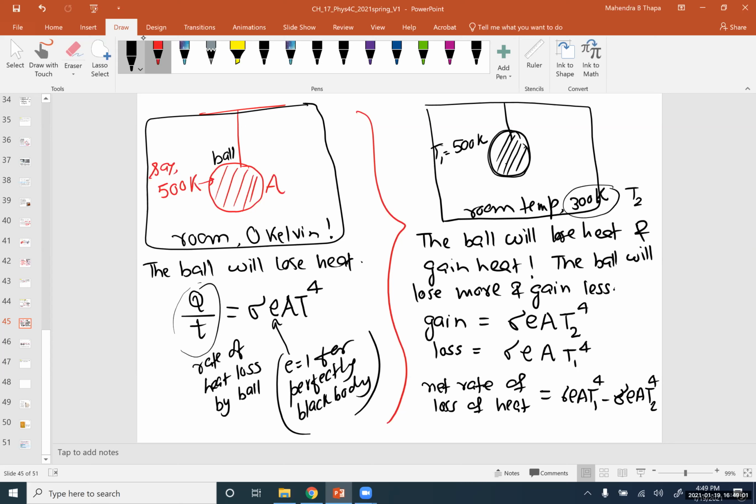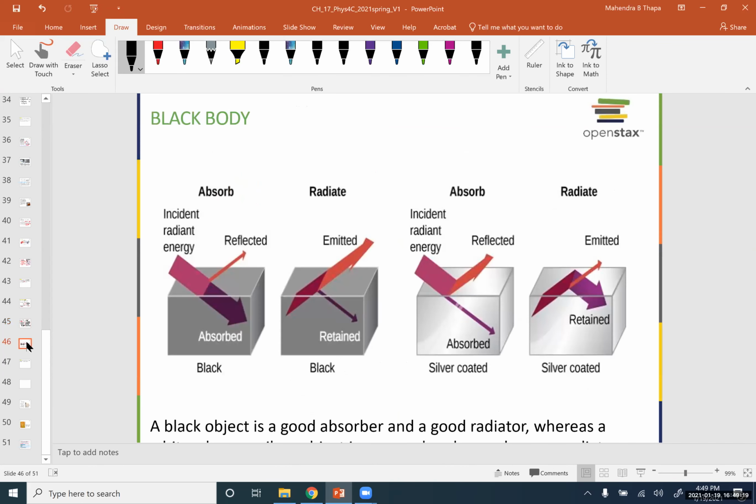That's how Stefan-Boltzmann law describes heat gain and heat loss in the case of radiation. This happens because of radiation. It does not matter whether there is a medium or not, because a medium has no role in radiation.